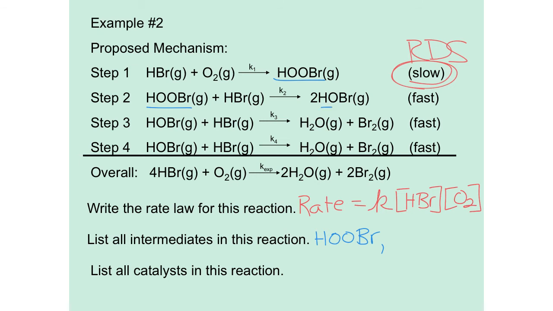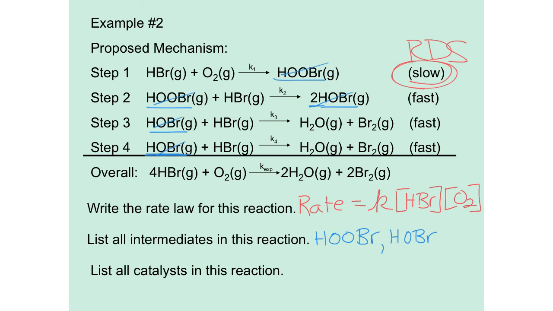We would have the HOBr gets produced and then consumed. And actually both moles of it get consumed. One in step one, one in step three. So HOBr is also an intermediate. So those are not going to show up in my overall equation. And that would be it for my intermediates.